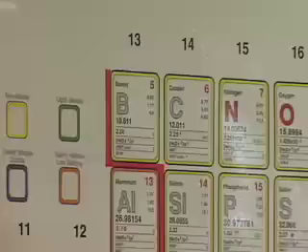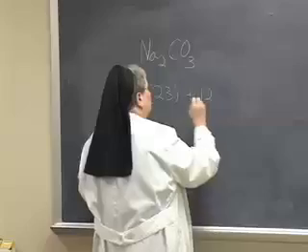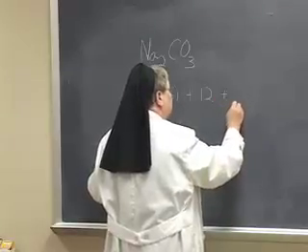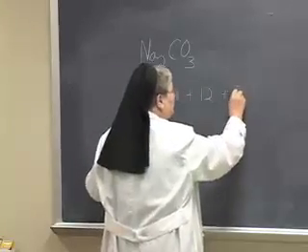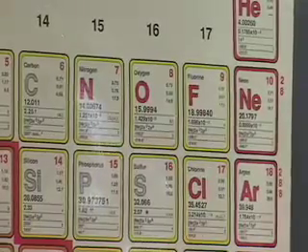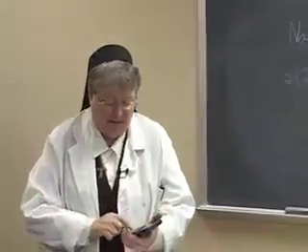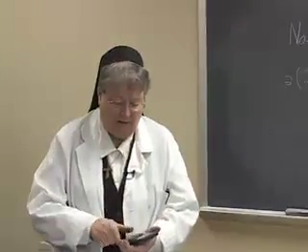We have carbon, and if we look that up, it's going to be 12. And then we have oxygen, 3 of them, 3 times 16. And we'll sum that up. We'll do this on the calculator so that we don't make a mistake. And besides, we know how to use our calculator.